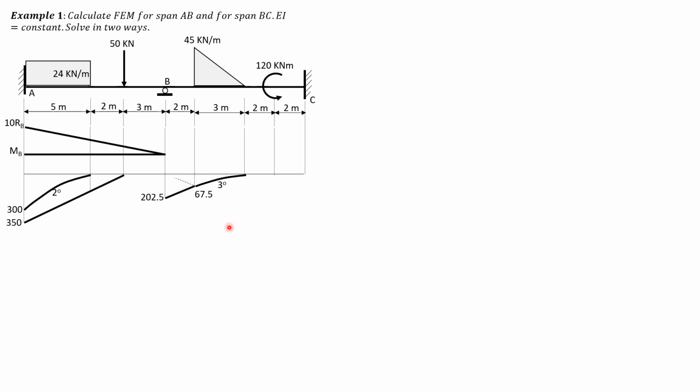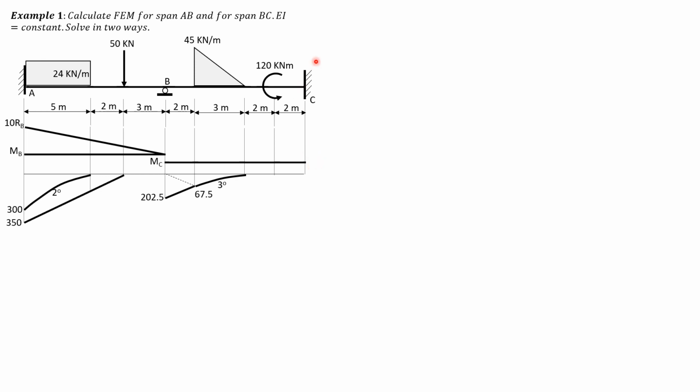Let's divide that into two triangles. Then for this couple, which is counterclockwise, it is above from this point. So we have here the fixed moment at C, or MC. We assume also that it is positive counterclockwise.